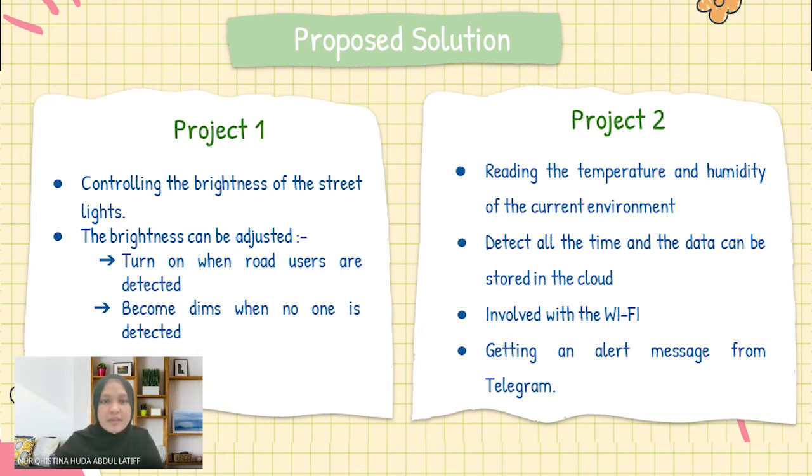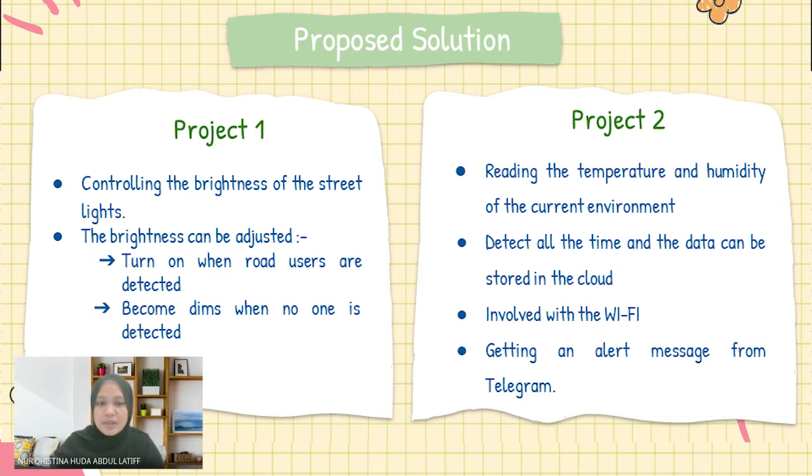Okay, for the proposed solution, we have 2. For project 1, since our project 1 is about controlling the dim of LED, controlling the brightness of the street lights can be implemented. For this project, the street light turns on when it's needed and dims and eventually turns off when it's not.